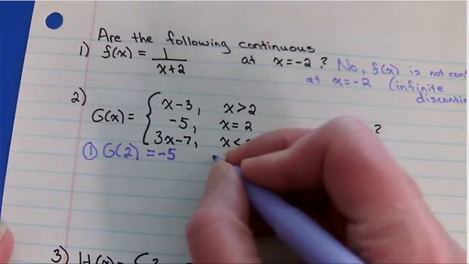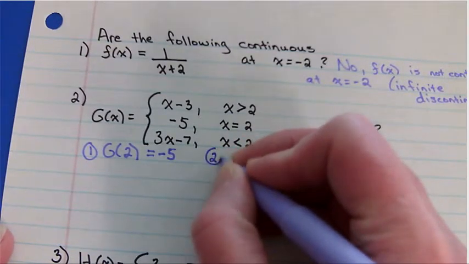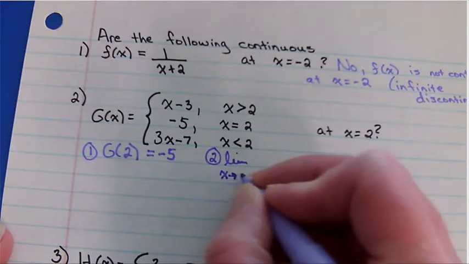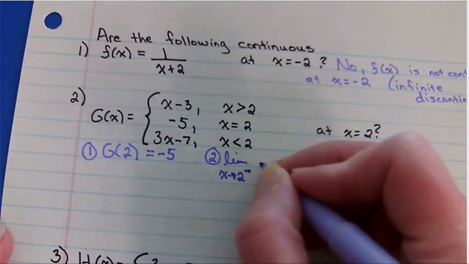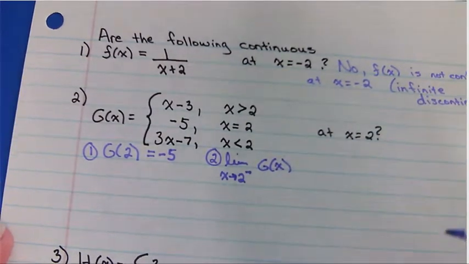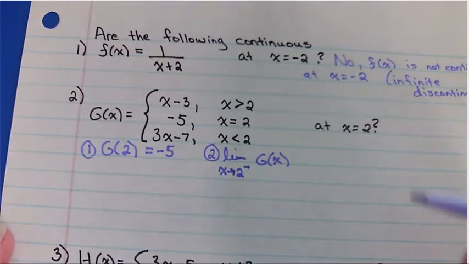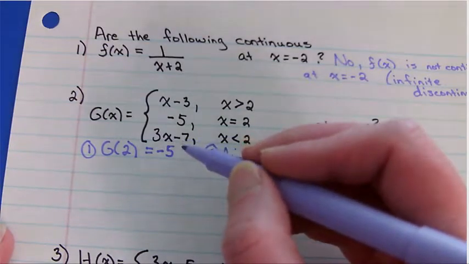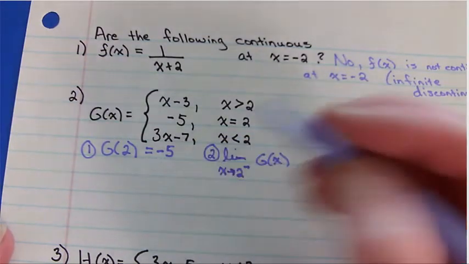So for step 2, I need to do the limit as x approaches 2 from the left. Now that's going to be which rule? Well, left would be less than 2, so it's following this rule. So we're going to plug 2 into this rule.